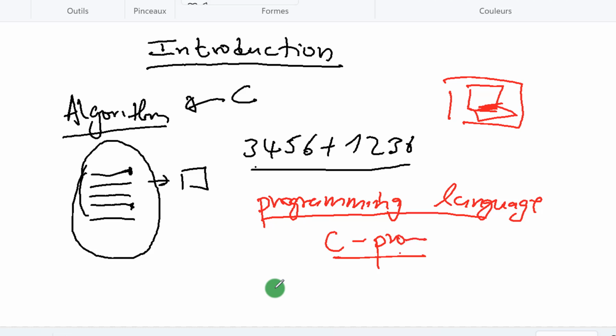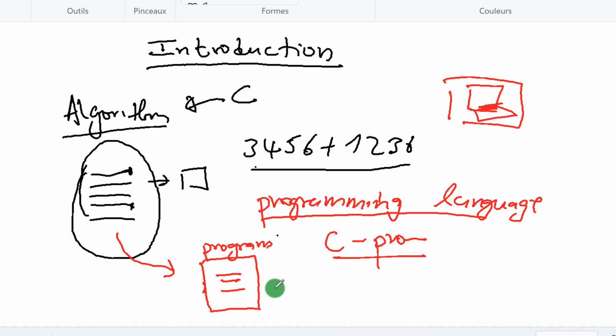I hope it is very clear now why you are studying it. The aim is to write this same algorithm but using another language. And in this case, what you'll be obtaining here, generally we no longer call it an algorithm, but we call it a program.